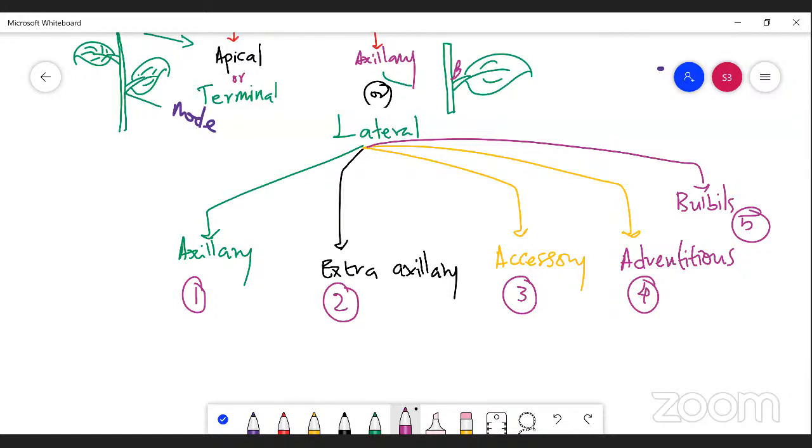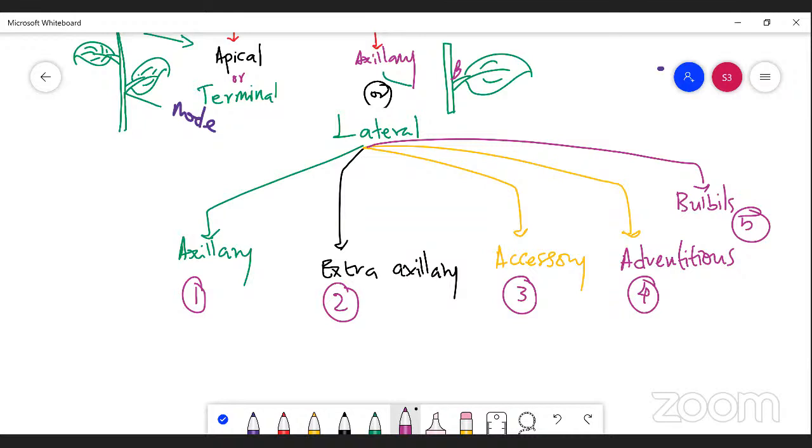Lateral buds are nothing but the buds found in the axil of the leaf. That means the buds arise just above the petiole, but just behind the stem portion, which means the base of the leaf axil in which the buds are found.